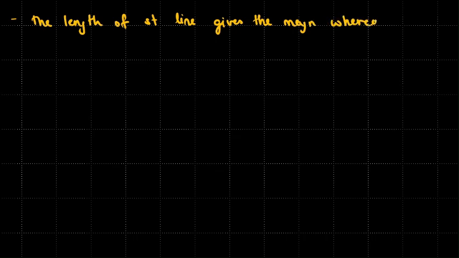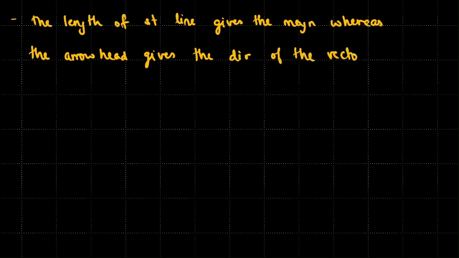So the length of the straight line gives the magnitude, whereas the arrowhead gives the direction of the vector.